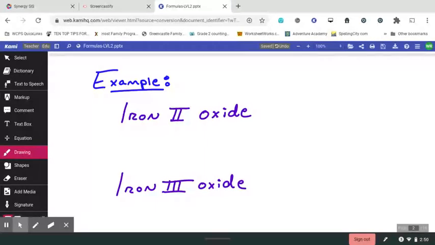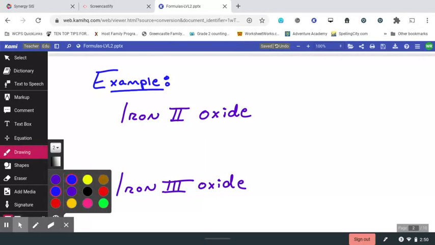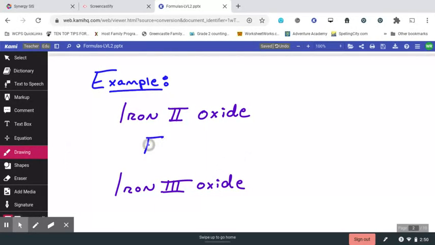So if you're dealing with iron 2 oxide, as you guys saw above, you're dealing with iron of the +2 variety. Oxide is oxygen, and oxygen has a -2.